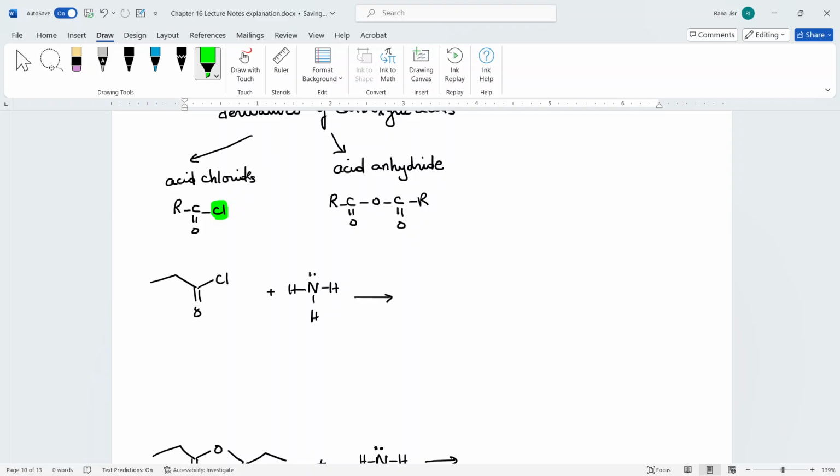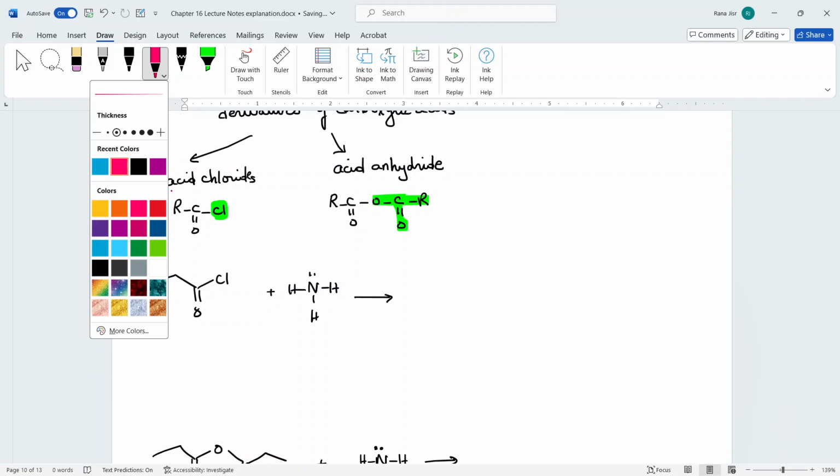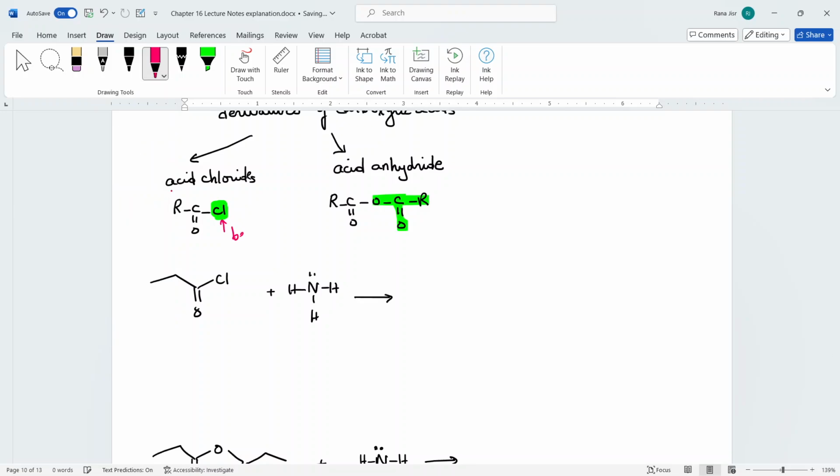And when the acid anhydride reacts to form the amide, it loses this part over here, which is the O carbonyl and the R. Both of these are good leaving groups, but of course, the chlorine is a better leaving group, and that makes the acid chlorides very reactive.